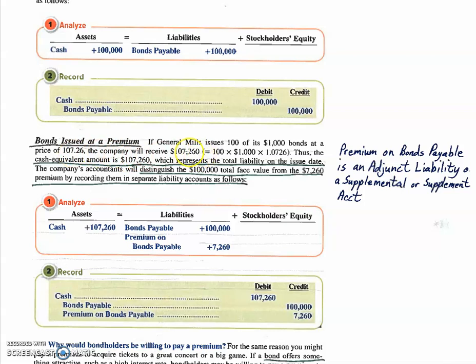So we're going to issue them for that. So that's the amount of cash we're going to receive. So we debit cash for that amount. Credit bonds payable at face amount, right down here. And then we record the premium on bonds payable, which is a liability, and it's credited.